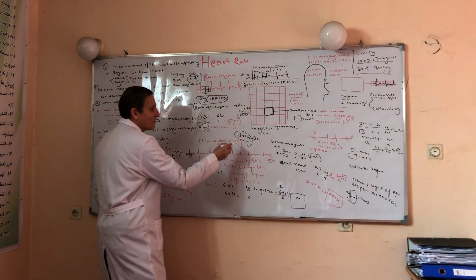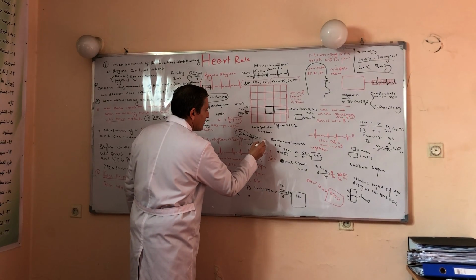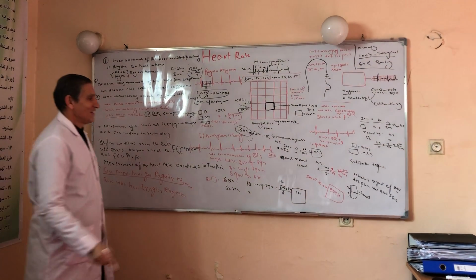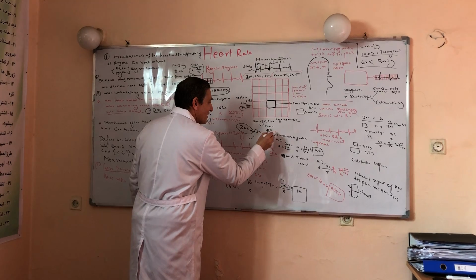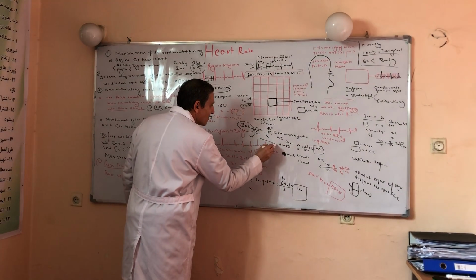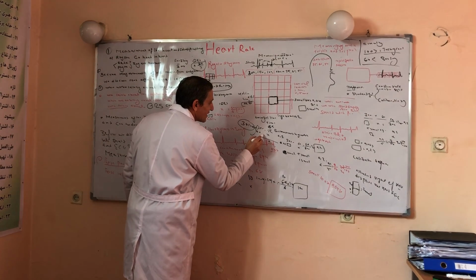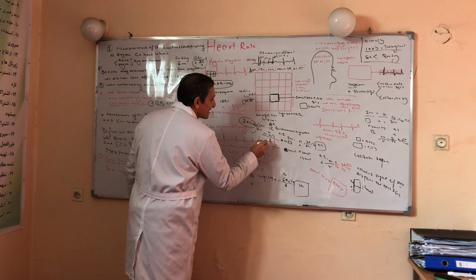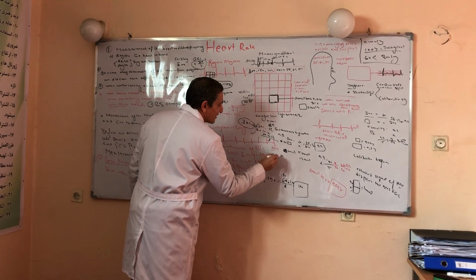In 6 seconds we have, for example, 12 QRS complexes. And in 60 seconds, X. 60 times 12 over 6, which is 120.